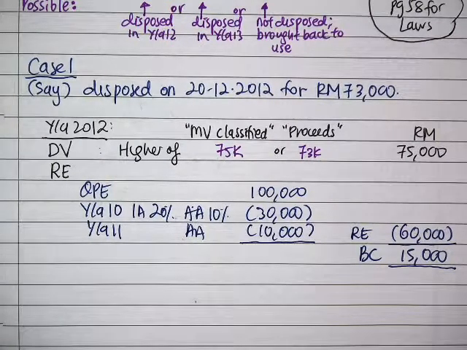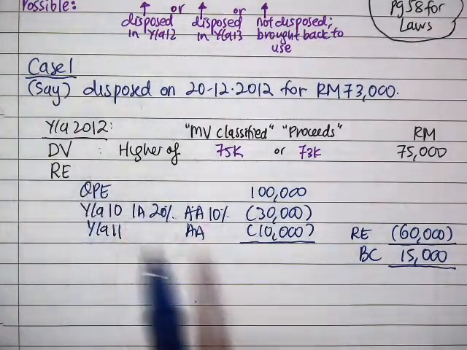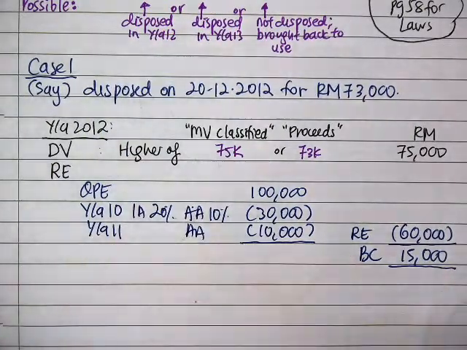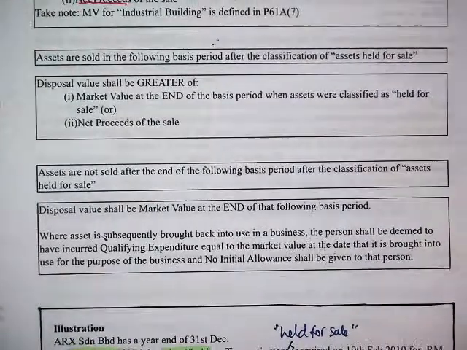Okay, now see the second case. If you dispose it in the following period, so instead of 12 now, we dispose in 13. Okay, now can I just show back the handout?